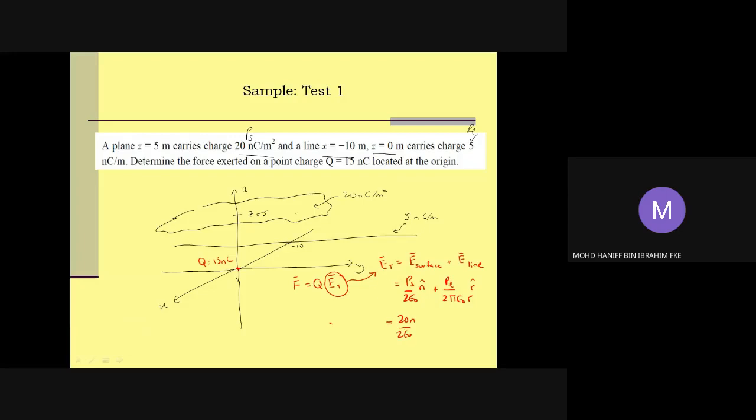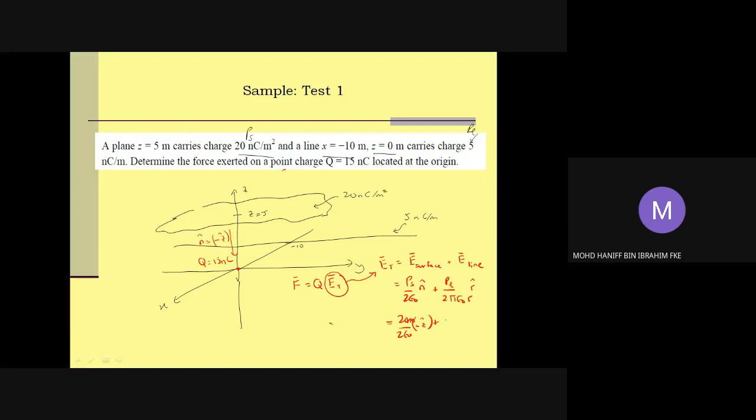And the normal should be the direction of normal from this surface charge to this particular point of Q, in which the normal unit vector by right shall be equal to negative z. So we're going to put it here as negative z direction. That should be your normal unit vector.